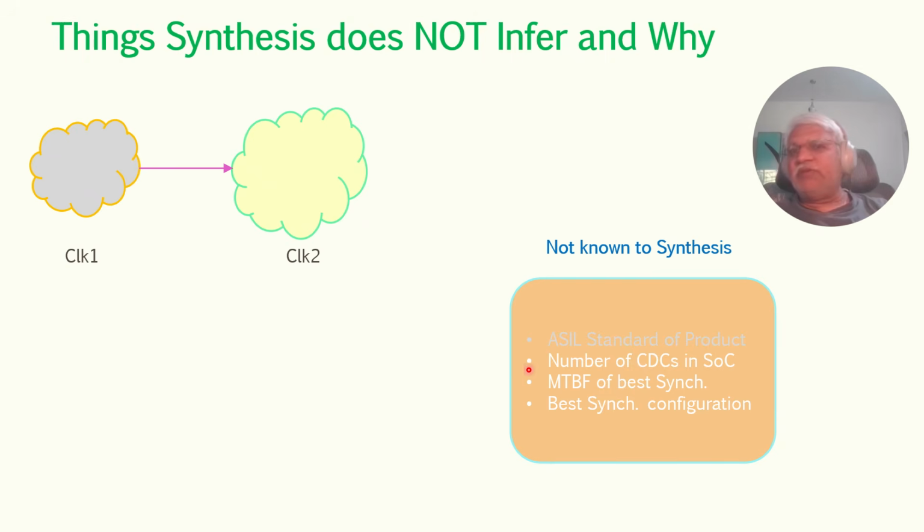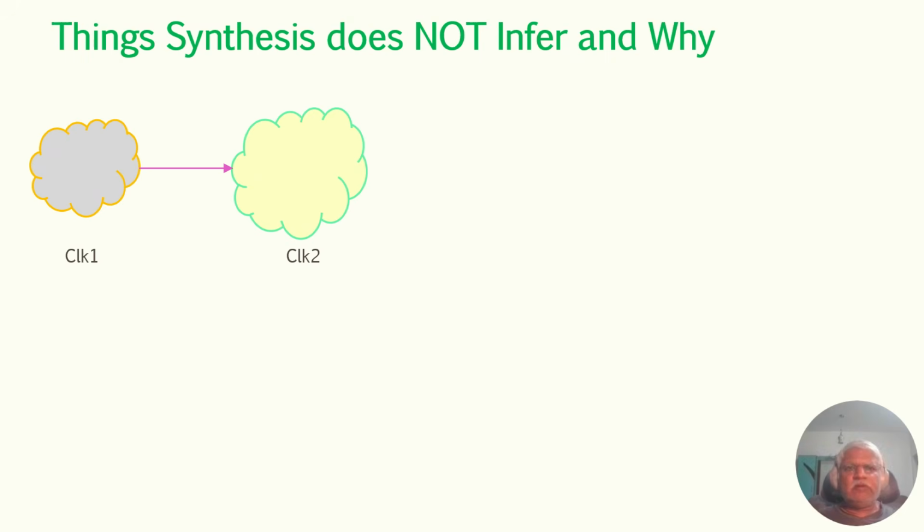We will also discuss how and why it cannot do the ASIL aspect. In this, we will figure out why the synthesis tool cannot figure out the ASIL related to the product specifications, in the sense of how to ensure fail safety and the amount of failure rates.